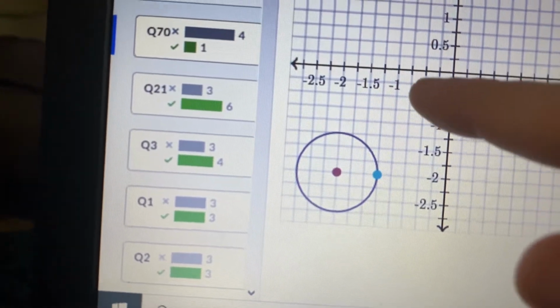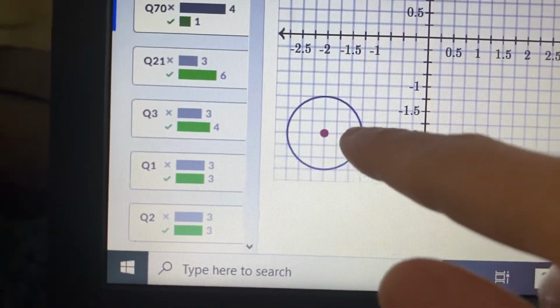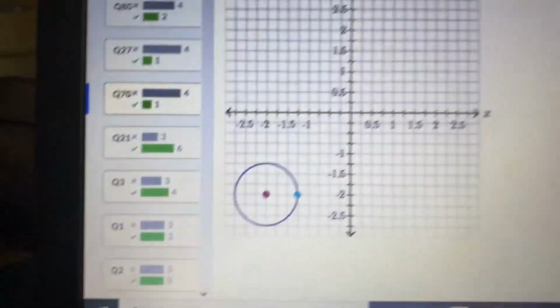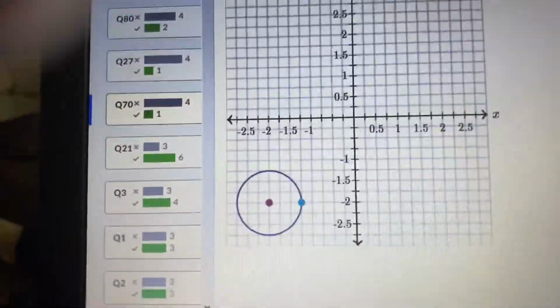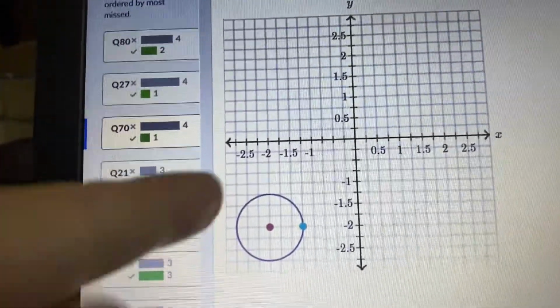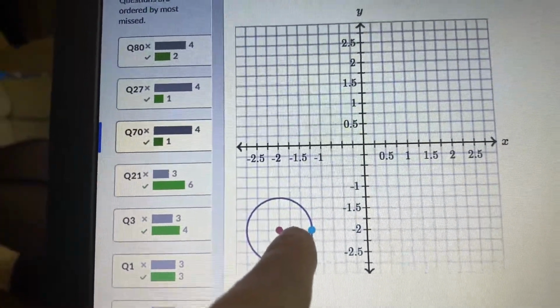So 1/4, 2/4, 3/4, 4/4, in the negative direction. So I go 1, 2, 3 blocks. Well, my radius is then 3/4, because each one is a quarter. See, -2 to -1.5 is a half, and then another quarter, so 3/4.